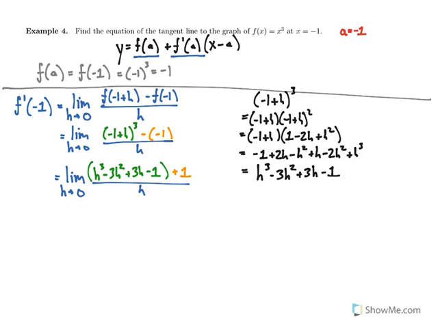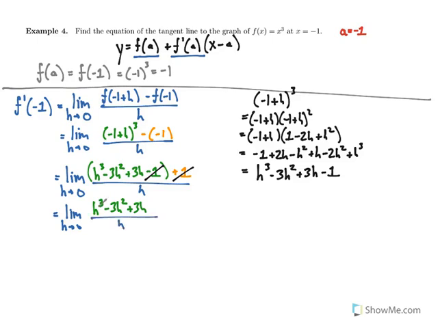We said that in these problems, we should always have everything without h cancel out. We do. We're going to write this as the limit as h approaches 0 of h cubed minus 3h squared plus 3h all over h.